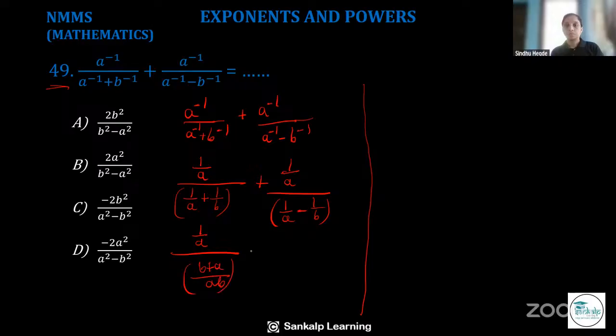Plus, write numerator as it is, 1 by a divided by 1 by a minus 1 by b. So it is b minus a divided by a into b.